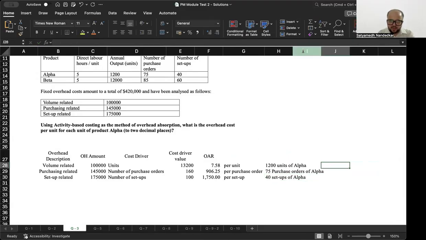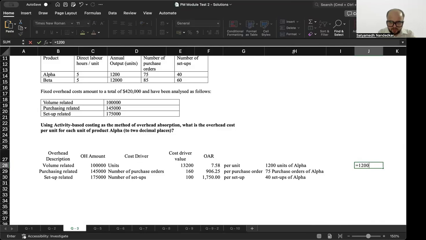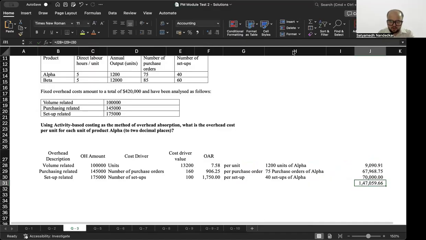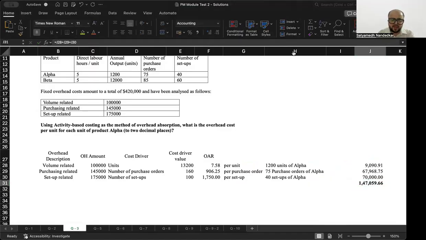So how do I get my total cost here? That would be 1200 into 7.58 per unit, then 75 into 906.25 and 40 into 1750 per setup. Your total cost is 147,059.66. As 147,060 also you can call it.